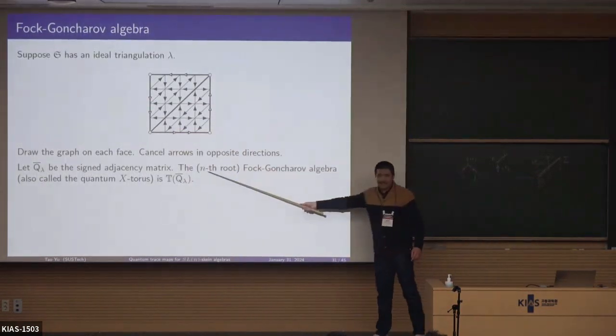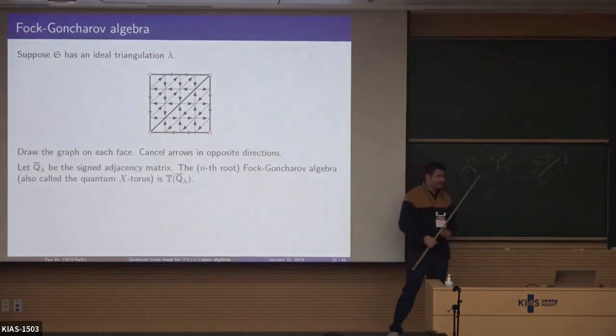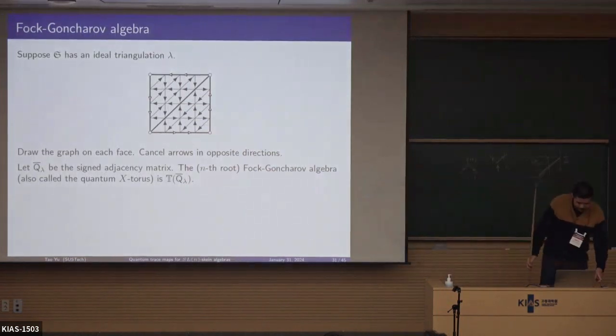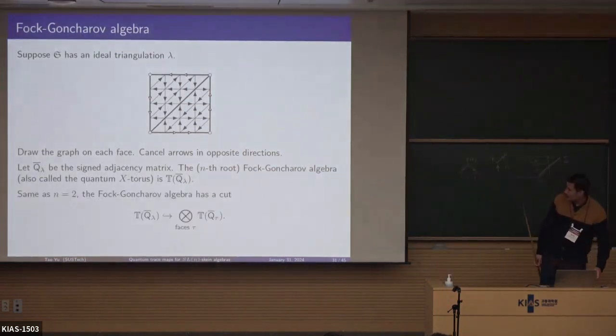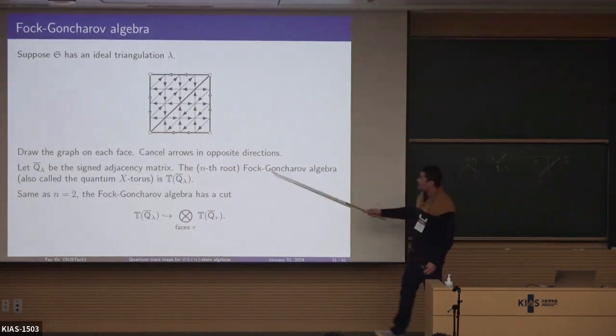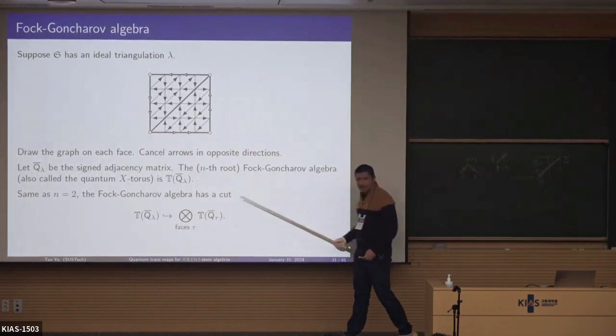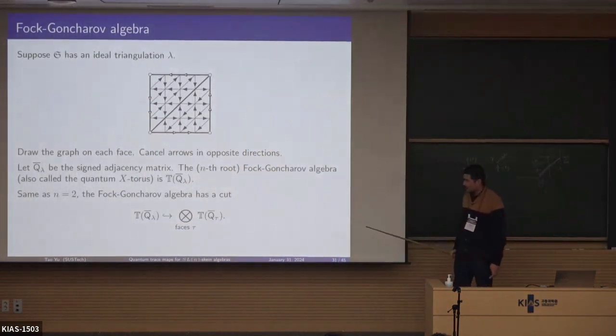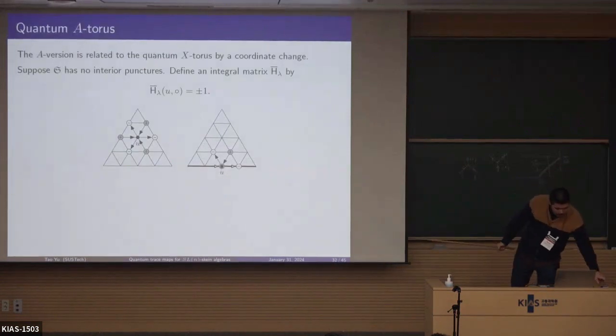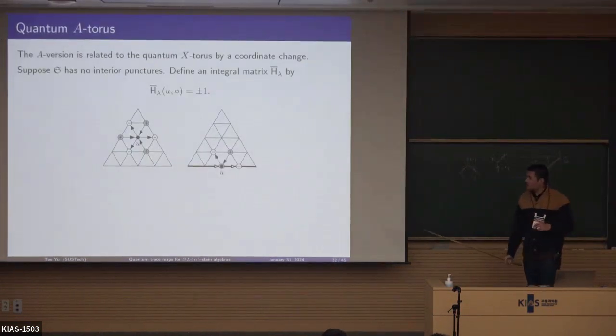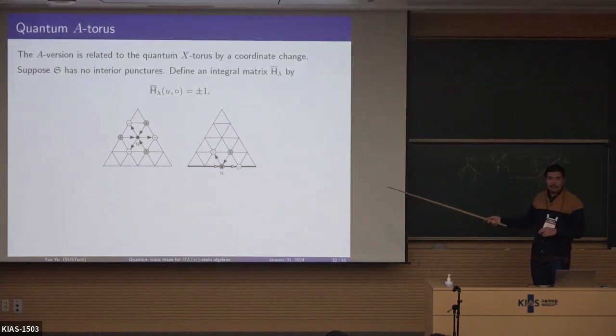As before, there's a technicality with the nth root. We're just going to ignore it for now. Just like before, if you cut open this, we actually obtain this tensor product embedding.